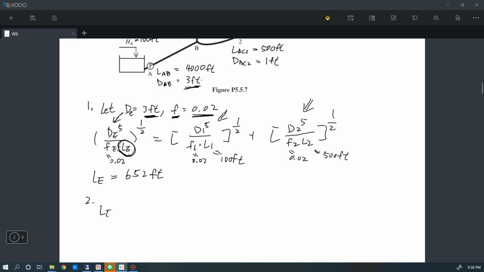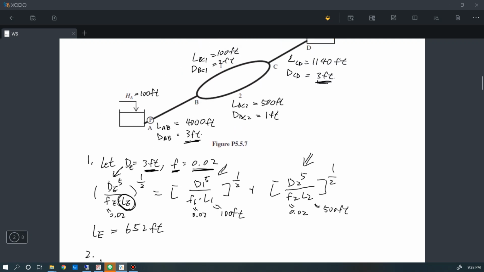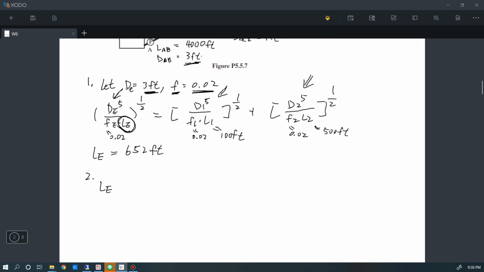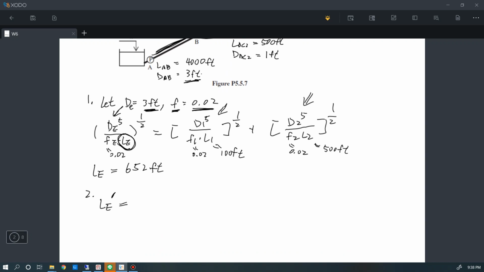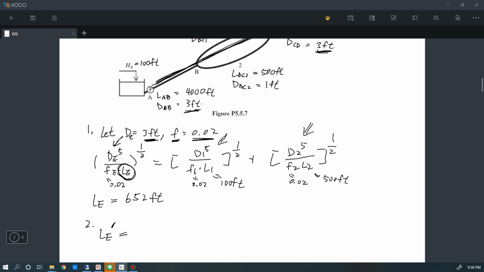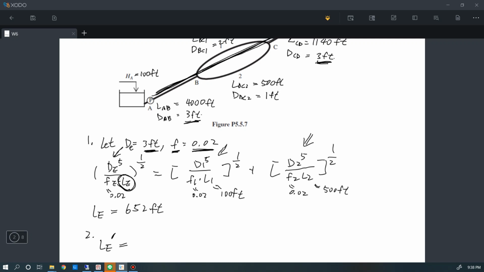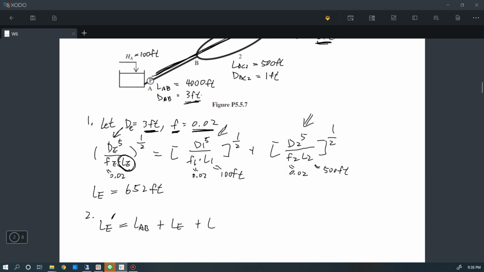So the equivalent length for the new pipeline that replaced this entire section is simply the length of these three segments together. So L equals L_AB plus the equivalent length for the branch BC plus the length CD.